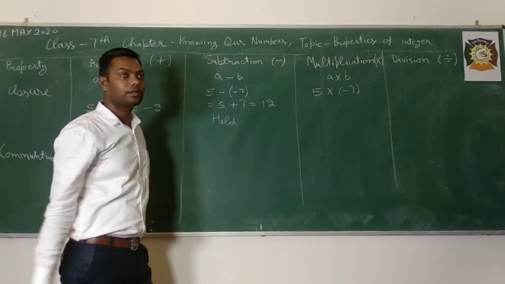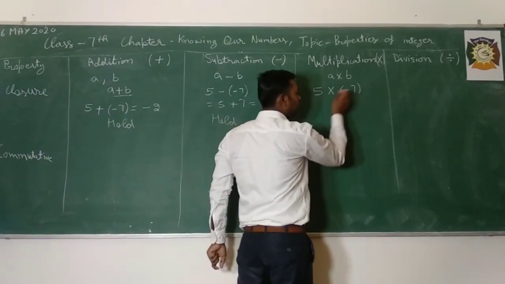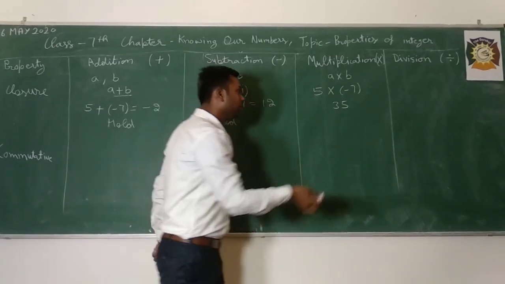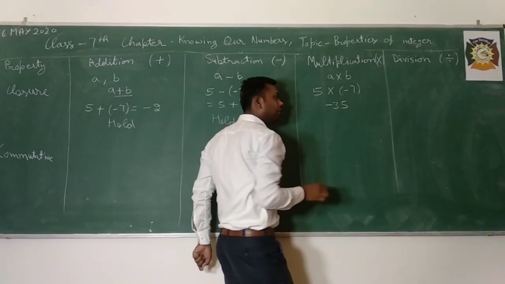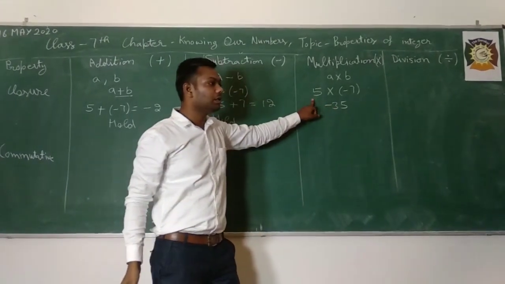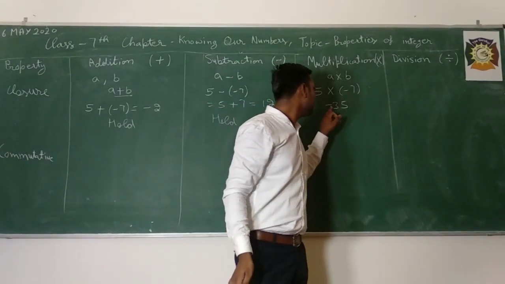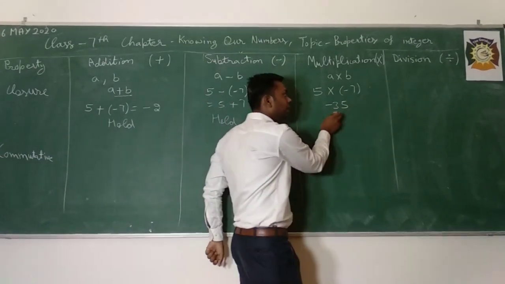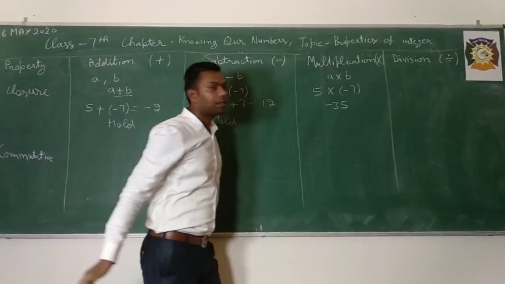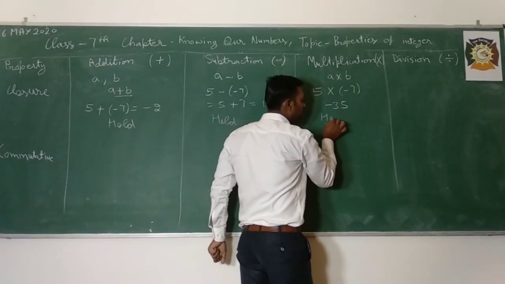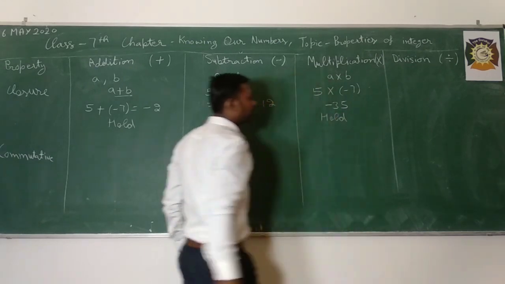Multiply it. 7 into 5 is 35, and the minus sign appears one time, that is odd, so we mark it negative, that is minus 35. 5 is an integer, minus 7 is also an integer, their multiplication is minus 35, that is also an integer. After multiplication we get an integer, so we say that the closure property holds in multiplication.